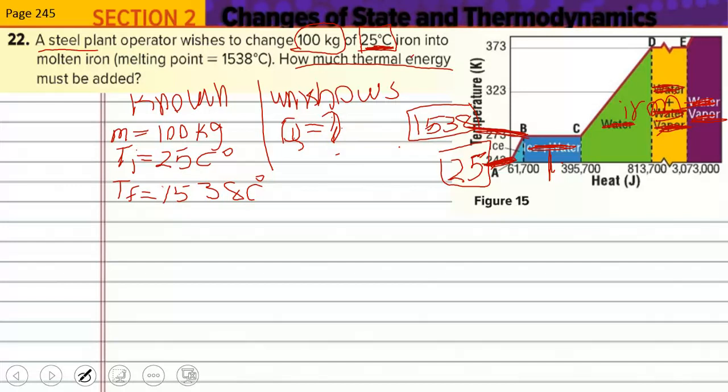After that, we need to draw the steps of the iron. First it was solid iron at 25 Celsius.